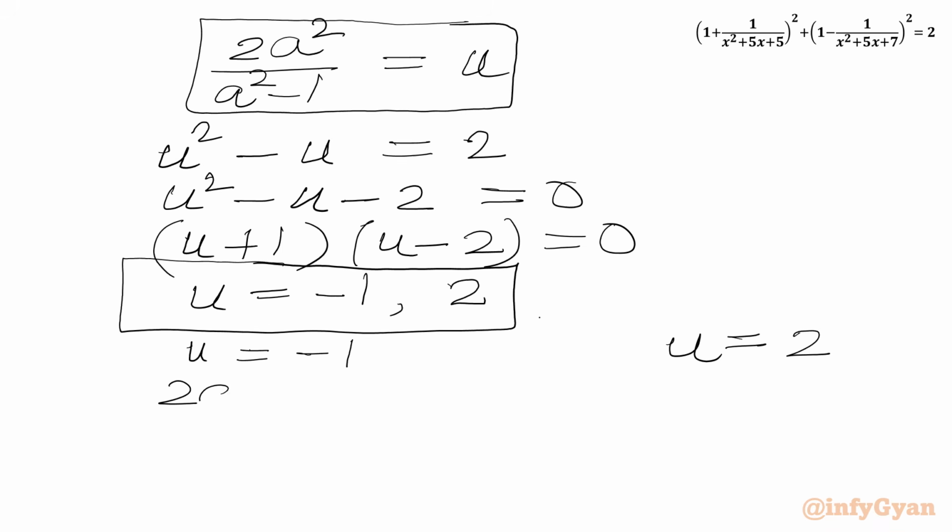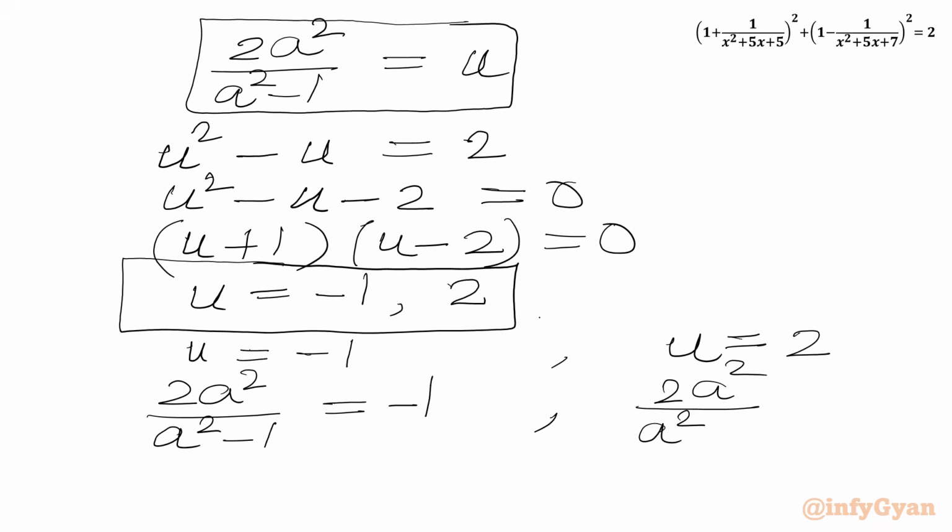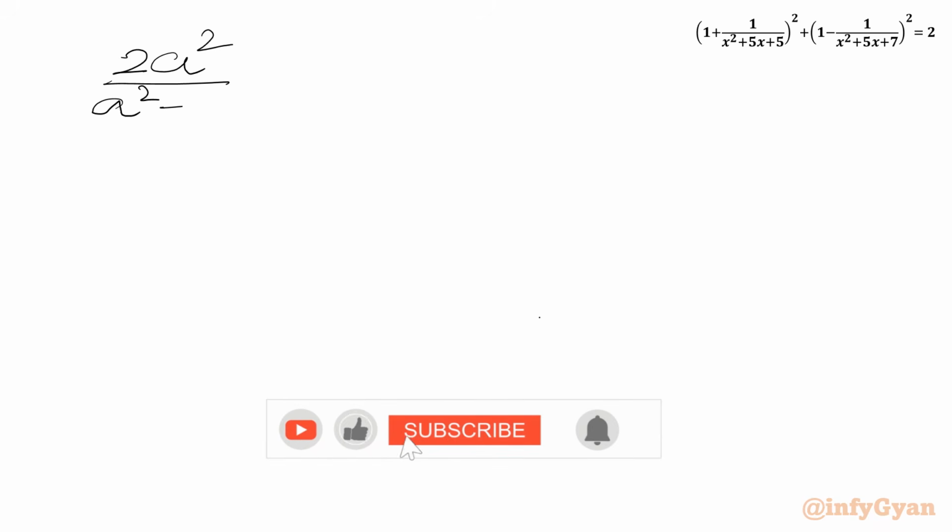So I can write 2a square over a square minus 1 equal to minus 1, and here we can write 2a square over a square minus 1 equal to 2. Let's solve our first equation. I will write 2a square over a square minus 1 equal to minus 1.